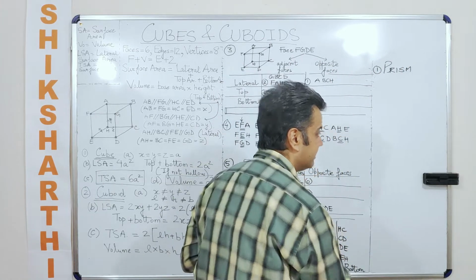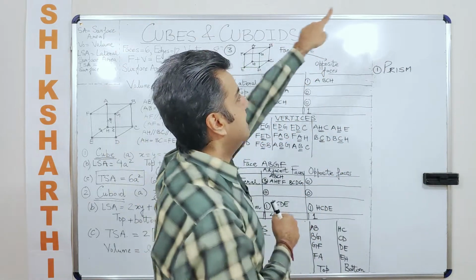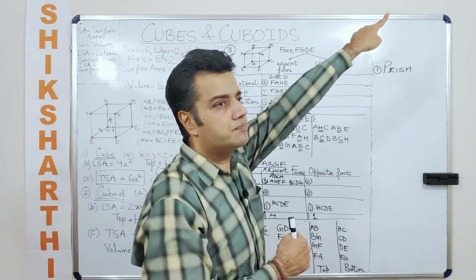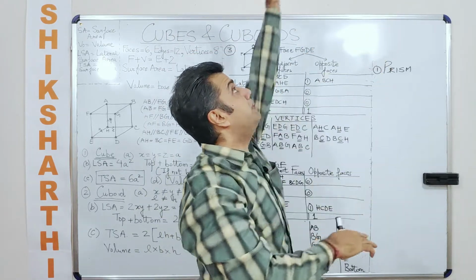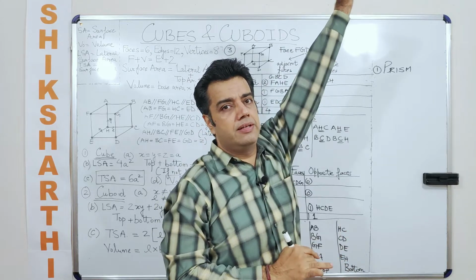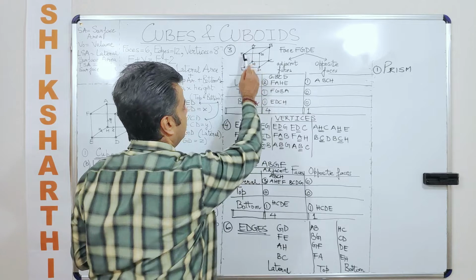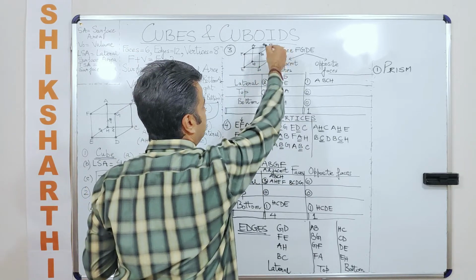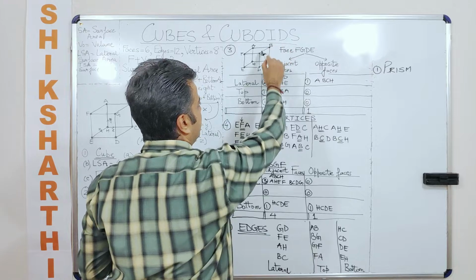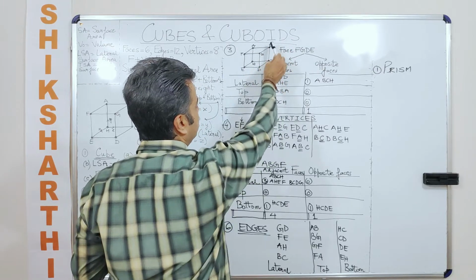Now when we are talking about these three edges, let us try and understand that this is just like saying x-axis. Now the other edge on the same plane. So if I talk about the room, it is the same plane. Now if I talk about this point B, how many edges converge at point B?